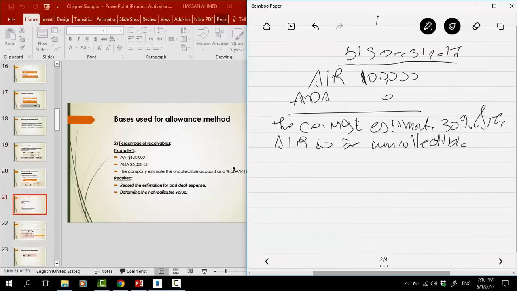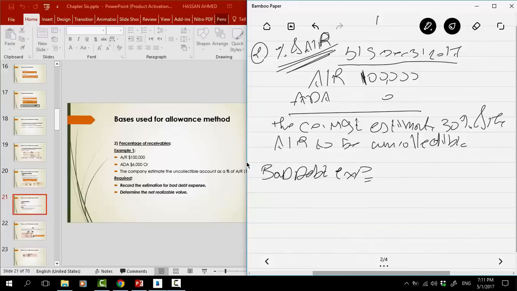Okay, then we will get the bad debt expense. The method of percentage of accounts receivable is called balance sheet method. In this method, we must consider the balance of the ADA.